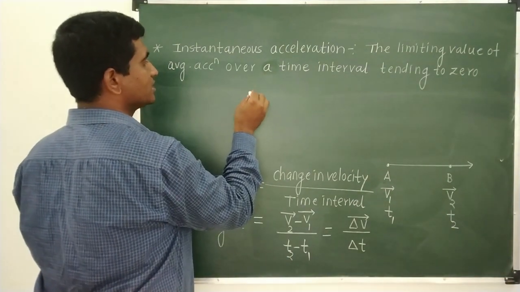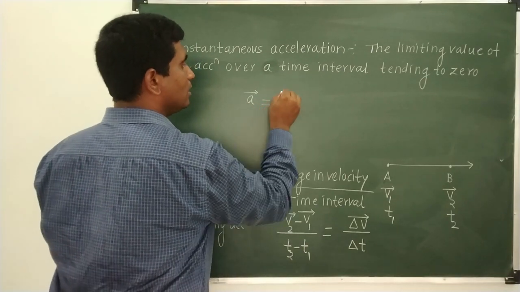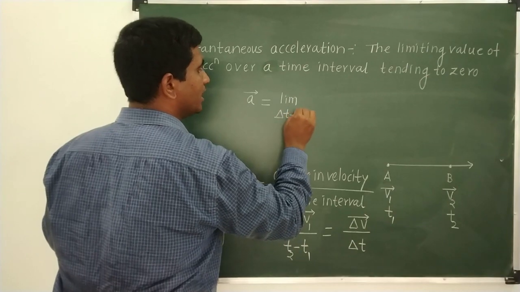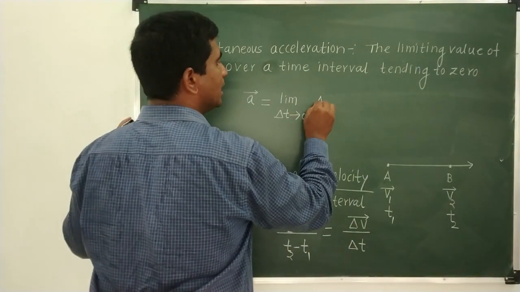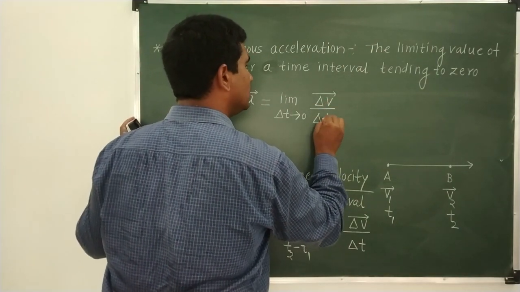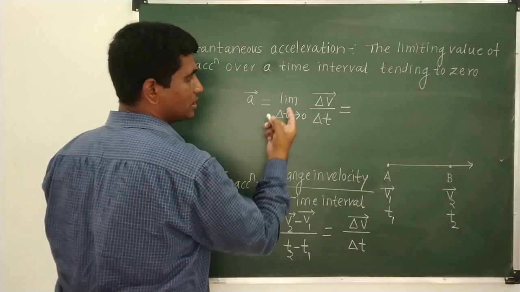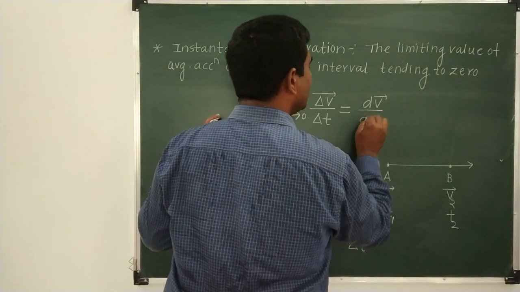So instantaneous acceleration, let us denote it by a bar. It is the limit as delta t tends to zero of delta v bar divided by delta t. In the language of calculus, this limit is called dv bar by dt.